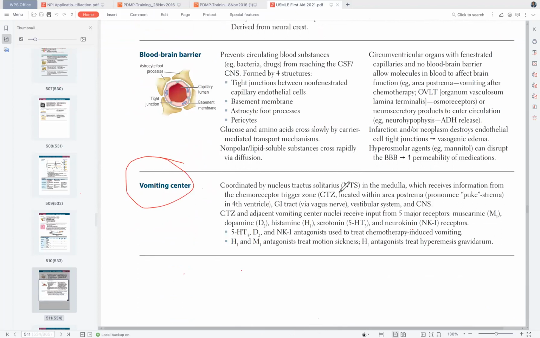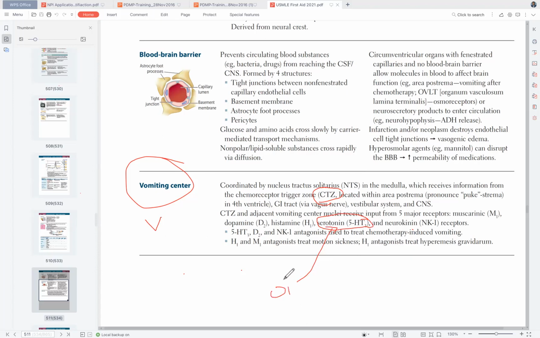The chemoreceptor trigger zone, very important, where there's a vomiting center. And usually they want to ask you, if somebody has cancer and they are on chemotherapy and the person starts vomiting, what drug do we give, right? Ondansetron. Correct. And ondansetron is blocking these 5-hydroxytryptamine serotonin receptors.